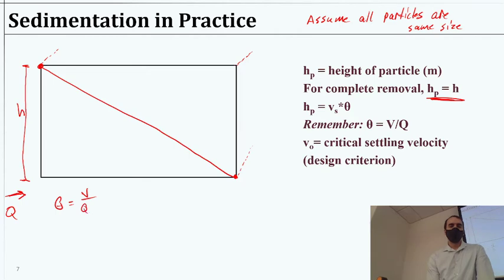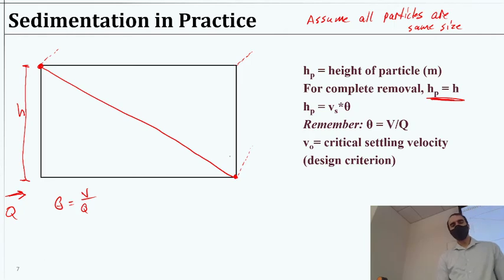So if we have a flow rate and we know something about the volume of this chamber, then we should know how long we have for the particle to settle, right? How long it's going to stay in this basin, and the velocity just needs to be fast enough so that it hits the bottom before or by the time the water leaves the system, right?